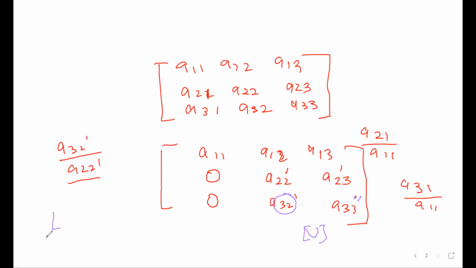Actually, L can be determined very simply. If we designate the factor that we determined earlier as F21, this factor as F31 and this factor as F32, then we can form a matrix like this.